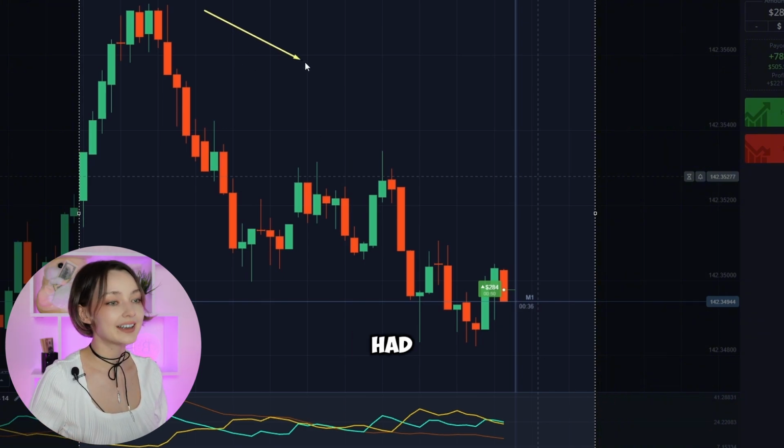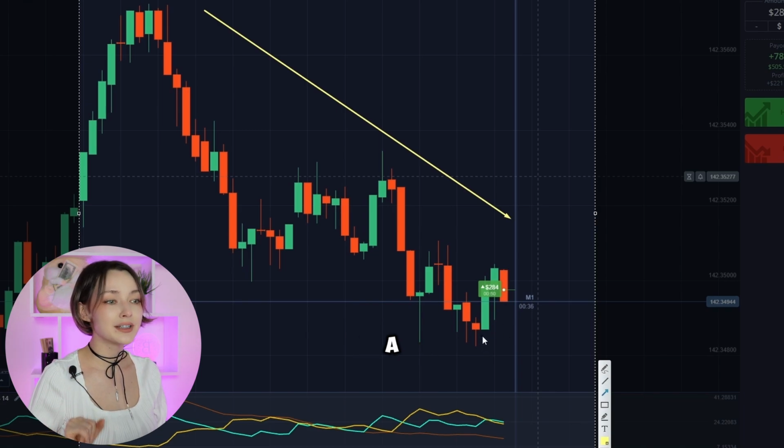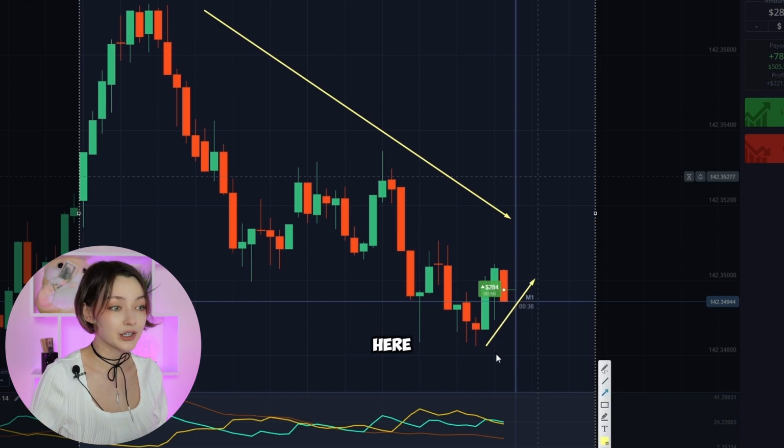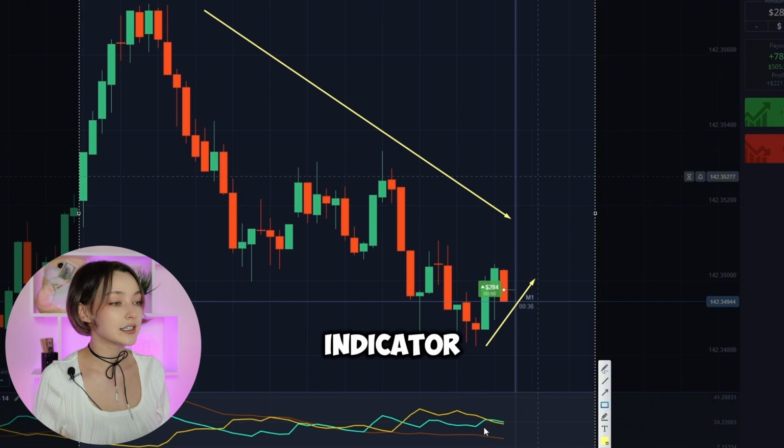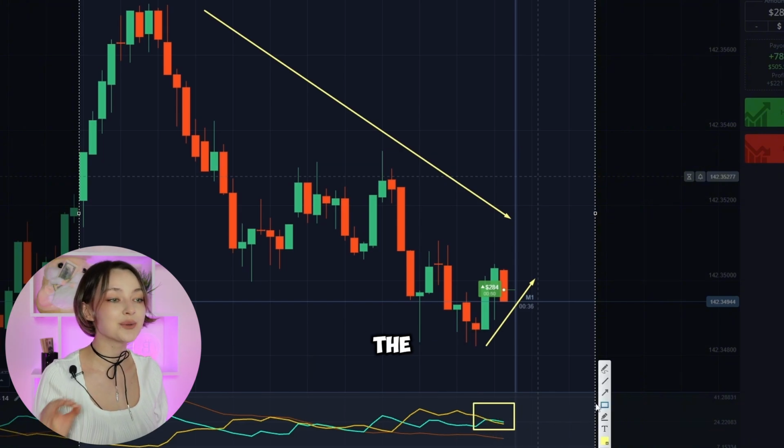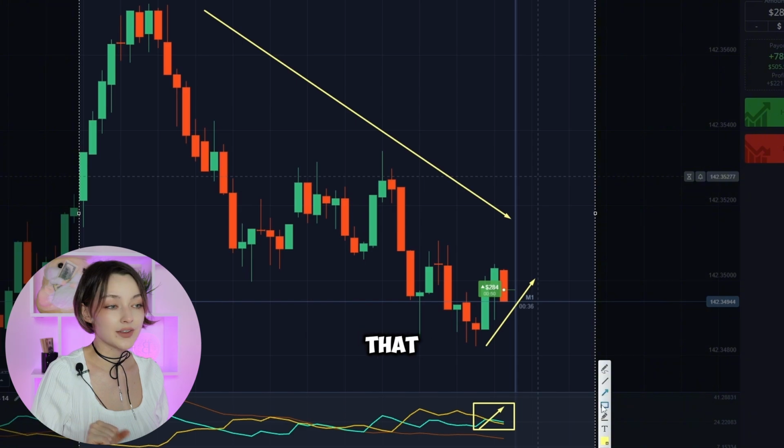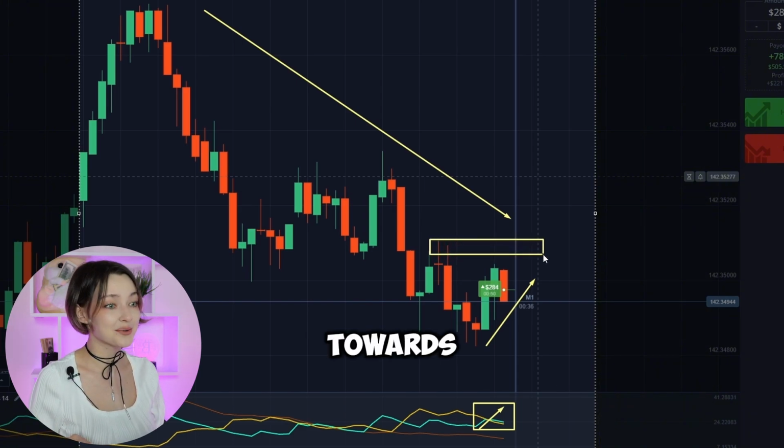And now let's take a look what's going on in the chart. We can see that we had a downtrend. There was a nice impulse right here. If we take a look at the indicator, we can see an intersection where the blue line crosses the yellow line upwards. And this indicates a trend reversal. And as confirming factors, I can note that there are certain levels from above the price is quite possibly heading towards.